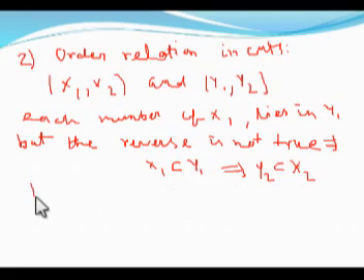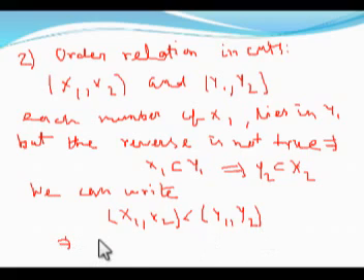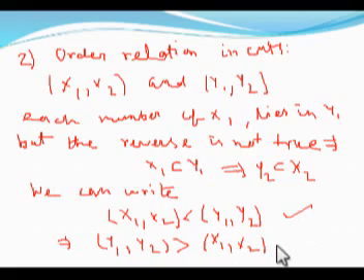Then we can write that the card x1, x2 is less than y1, y2, or in another way, y1, y2 is greater than x1, x2. So this is the order relation between two cards.